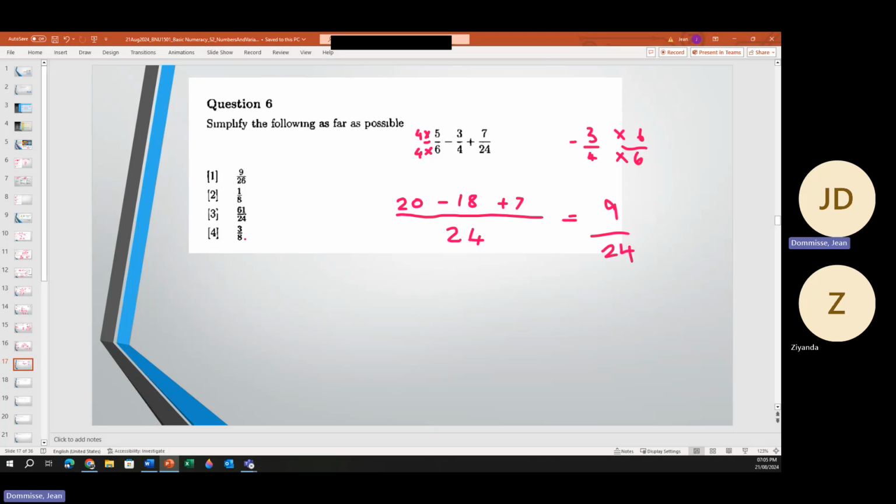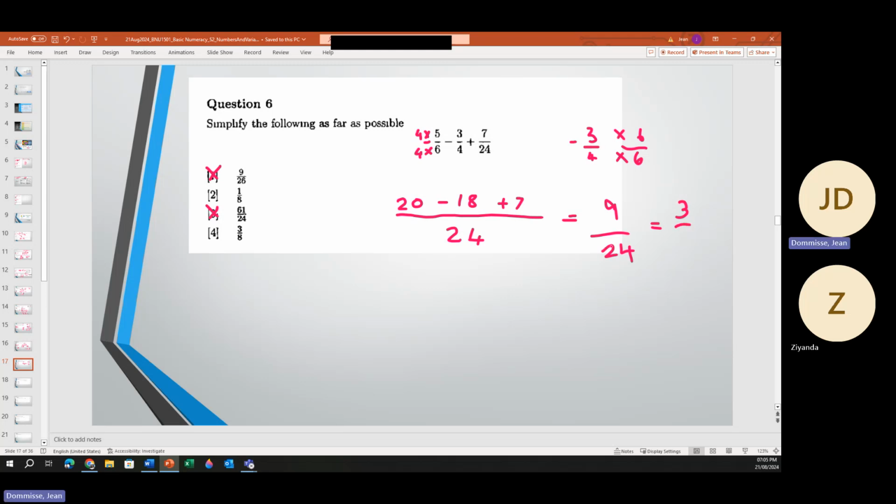Let's see, 9 over 26, close, not that. 1 over 8. 61 over 24, not that one. 3 over 8, so it might be that we needed to simplify. Let's divide at the top by 3. 9 divided by 3 is 3.